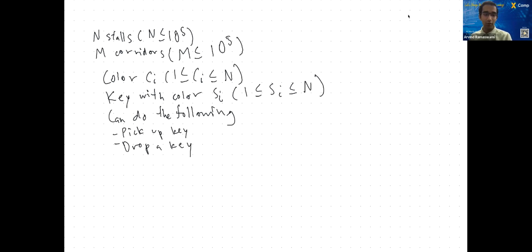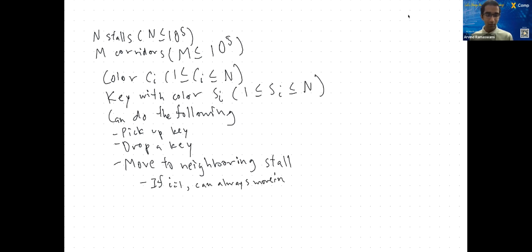Another option is to move to a neighboring stall. The condition on when you're allowed to move to a neighboring stall is: if the stall you're moving to has color equal to 1, then you can always move in. Otherwise, you must possess a key with color equal to C_i.